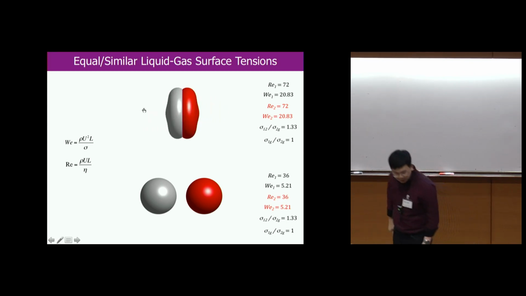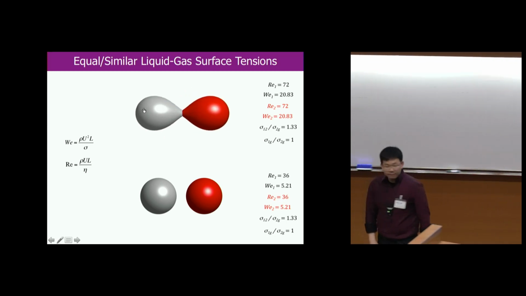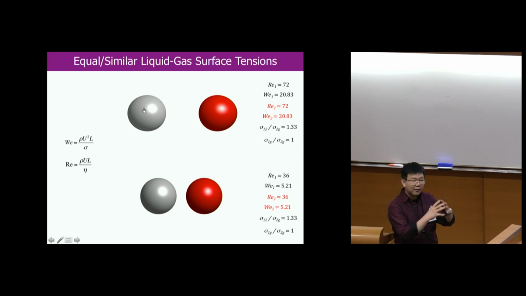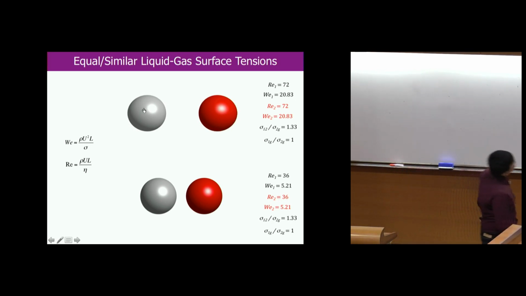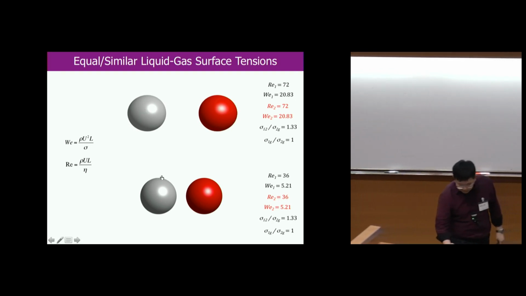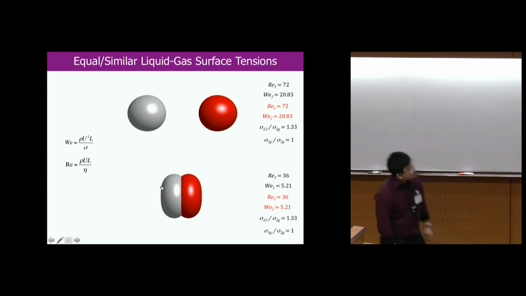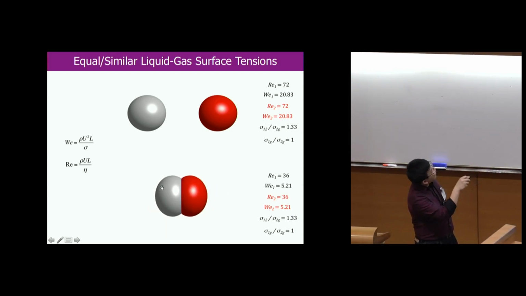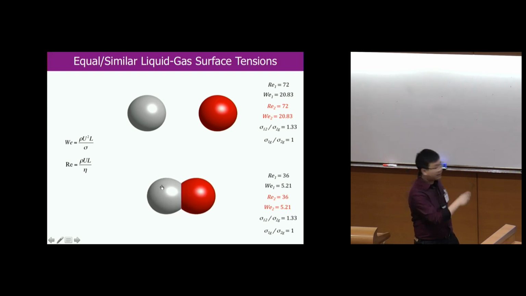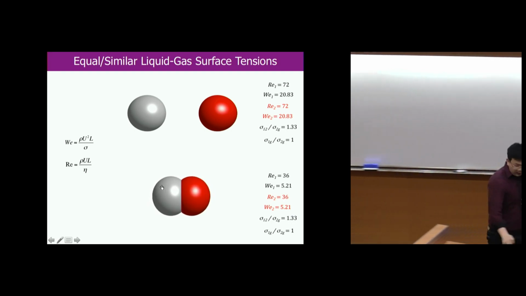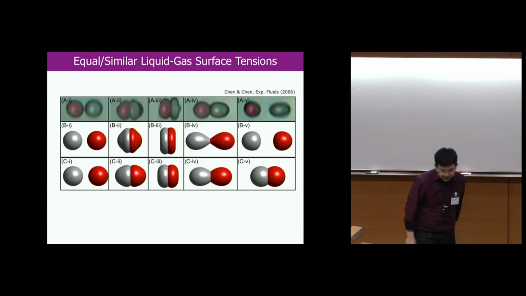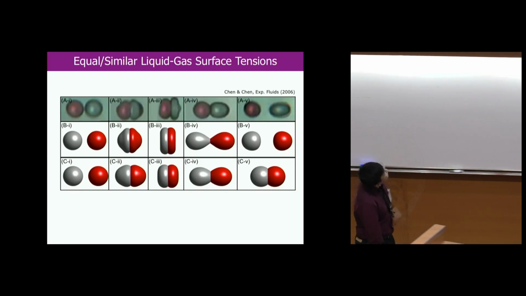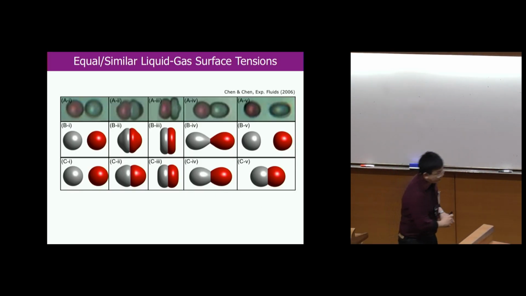This is what happens if you have relatively high velocity. You see that they come together and they bounce, very similar to what you see in the experiment. On the other hand, if you use a lower velocity, you see what we call the adhesive collision regime. And indeed, if you try to look at what happens in experiments, qualitatively it's quite similar.